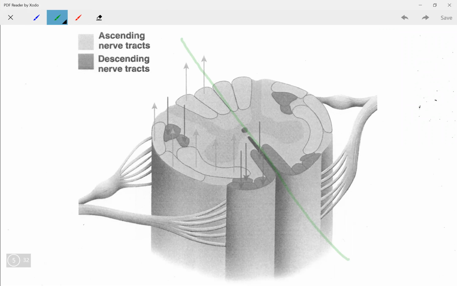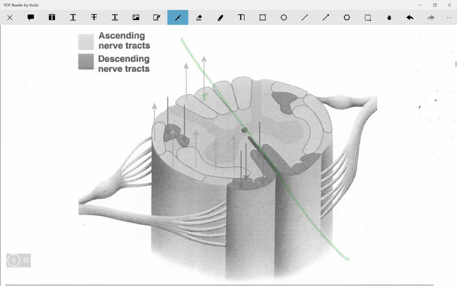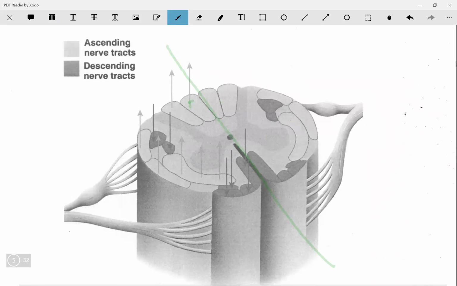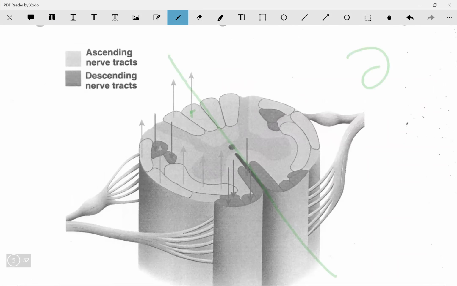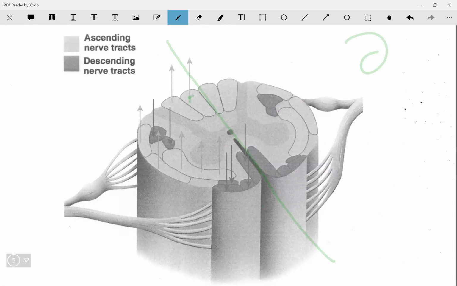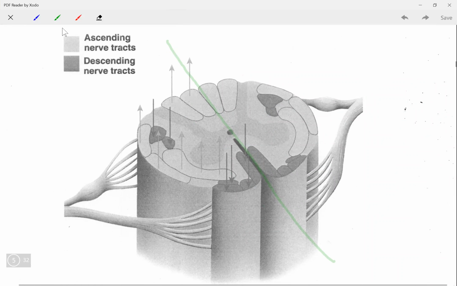We already did the fasciculus gracilis and fasciculus cuneatus.